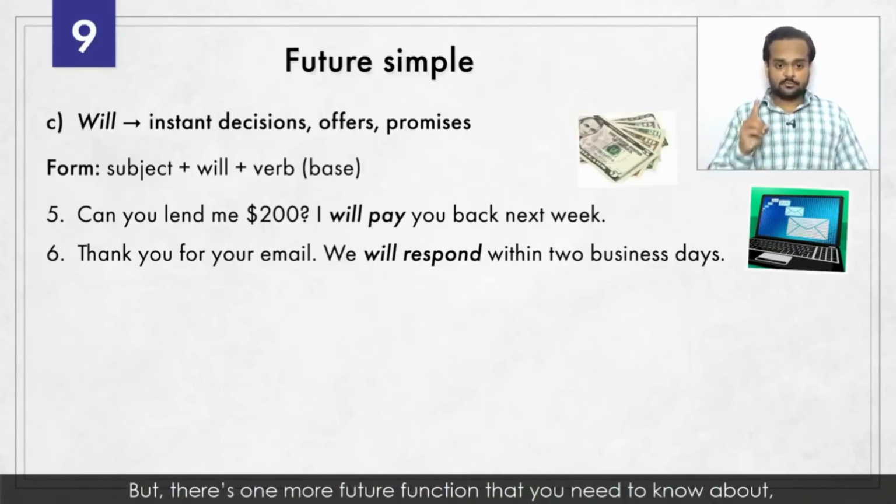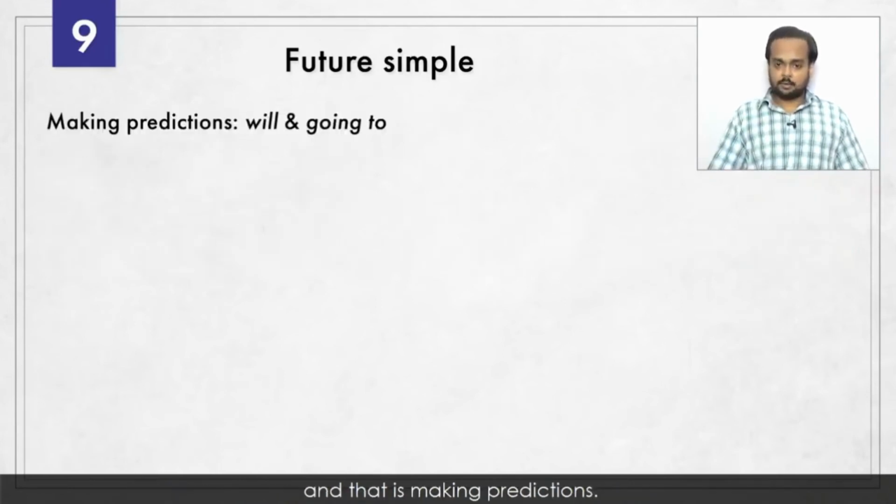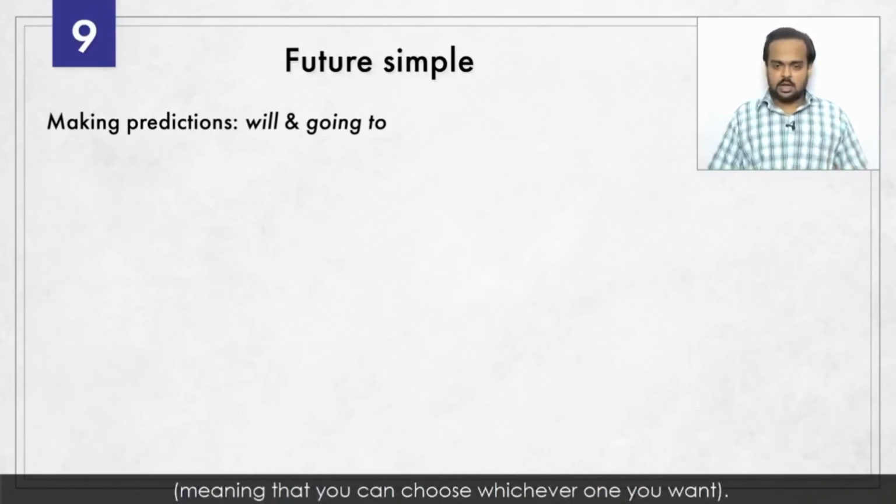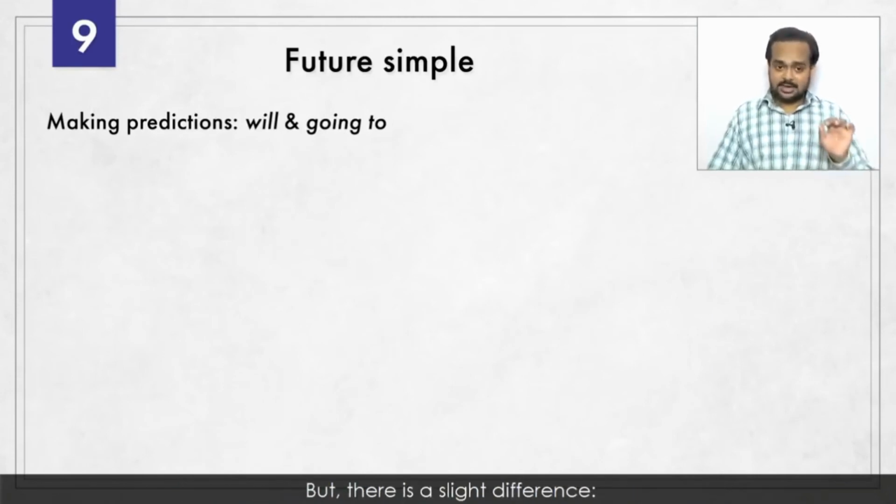But there's one more future function that you need to know about, and that is making predictions. To make predictions or guesses about the future, we can use both will and going to. These two forms are interchangeable for making predictions in many situations, meaning that you can choose whichever one you want. But there is a slight difference.